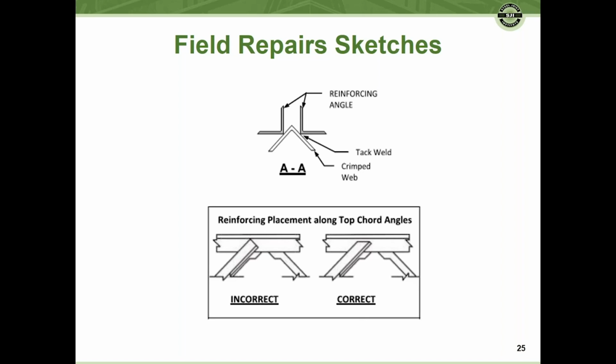And then also when we're talking about reinforcement placing on the top chords, if those copes are needed, particularly so that you get the proper amount of weld, then that needs to be specified. And in this particular case, we noted what was correct and what wasn't correct.